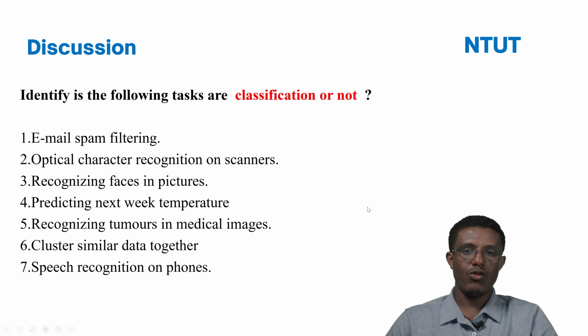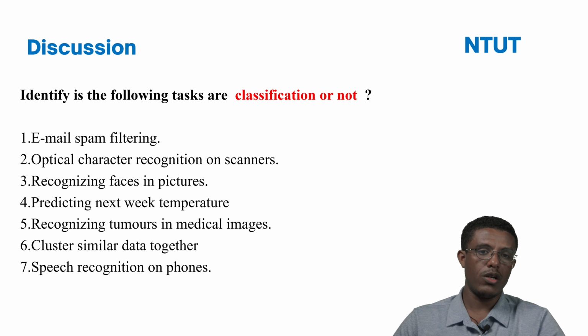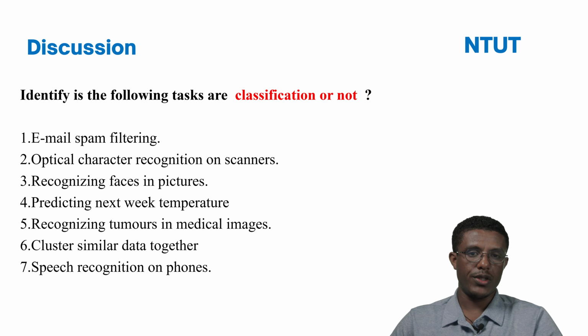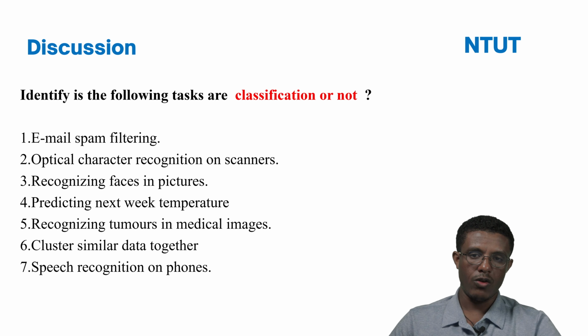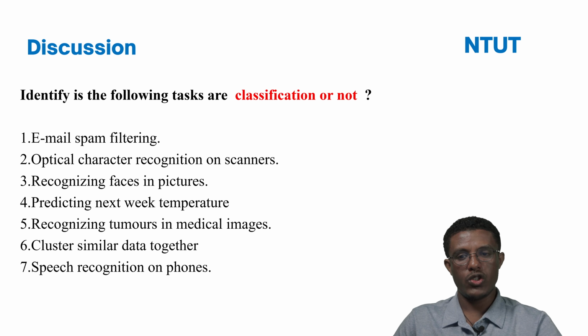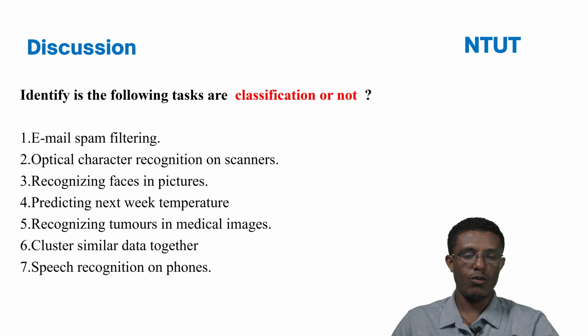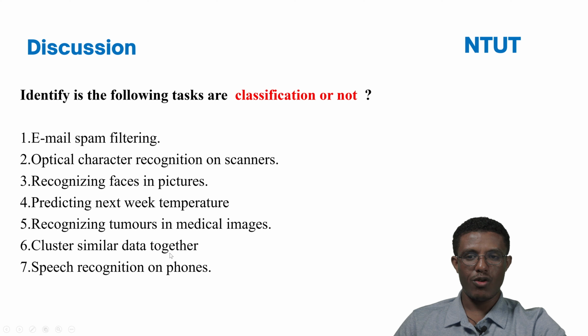Students, try to classify which application is for classification and which is not. Consider the previous information to identify which problem is for classification and which is for regression. Some of these are not classification, based on the discussions.